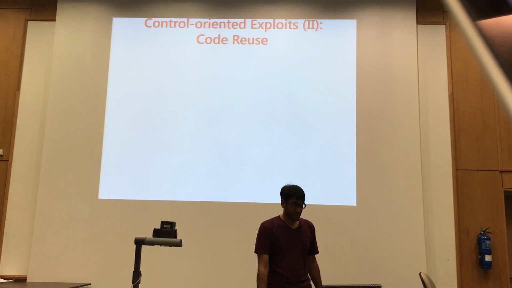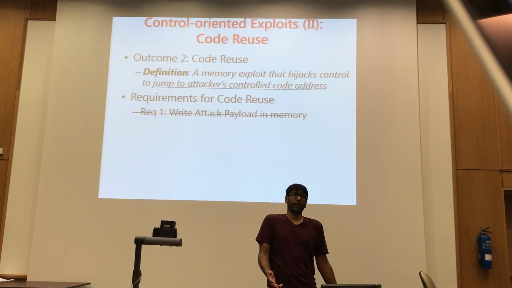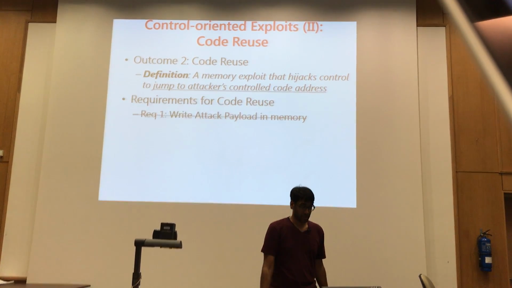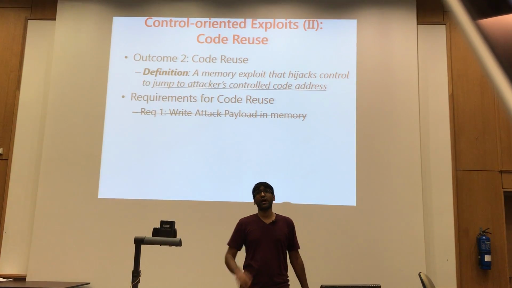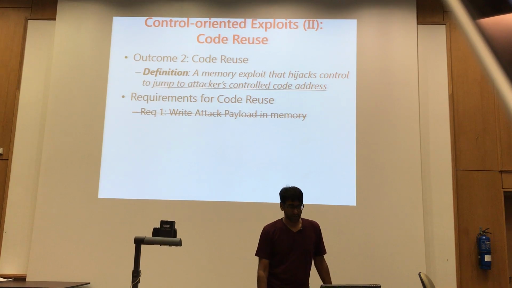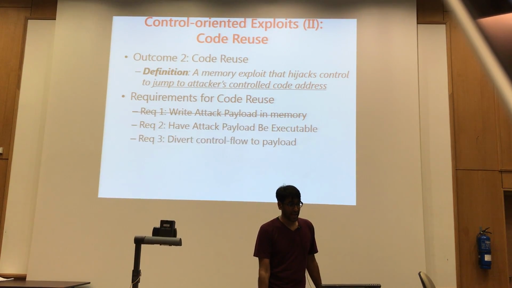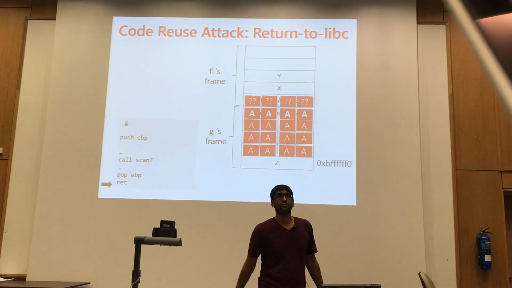Now, the more advanced control flow hijacking attacks actually don't utilize all those requirements. They're less stringent. They don't need the attacker to write the payload to begin with. They start with data or code that already exists in memory. One example of code reuse attacks is the return-to-libc attack.